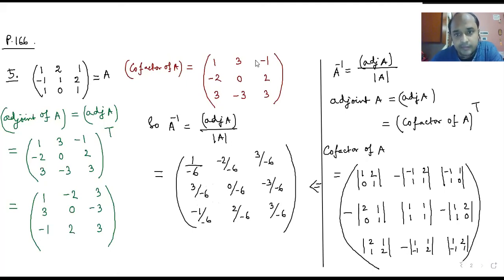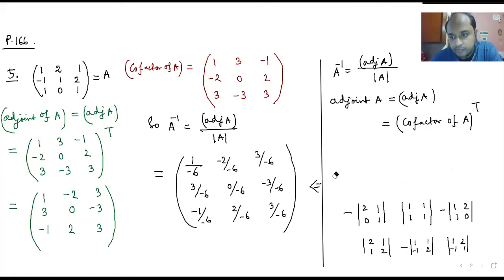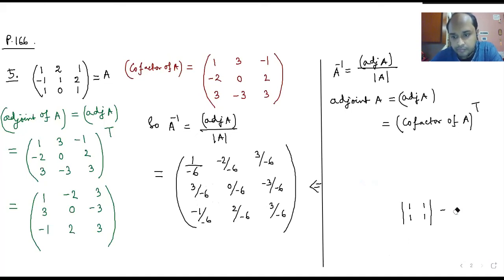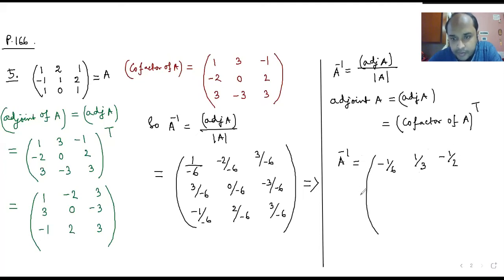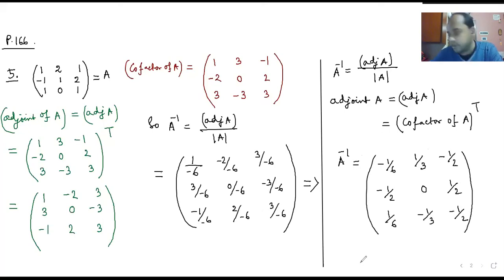And therefore, your A inverse becomes -1 by 6, that is 1/3, that is -1/2, that is -1/2, 0, 1 by 2, that is half, 1 by 6, -1/3, -1/2.